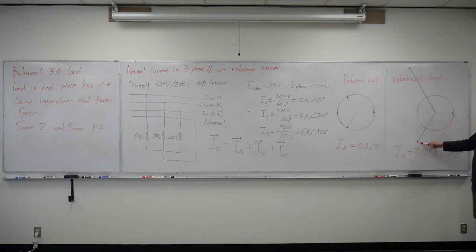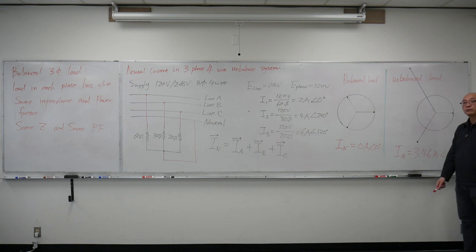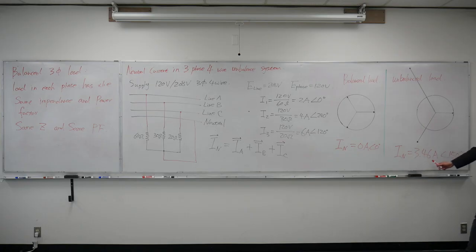My phase B has 4 amps, so it will be slightly longer, outside the circle. My phase C has much higher current, so the phase C vector will be longer. If I add all three vectors together, I will get 3.46 amps at 150 degrees. We don't care about the angle, but we know the neutral conductor at this moment is going to carry 3.46 amps.